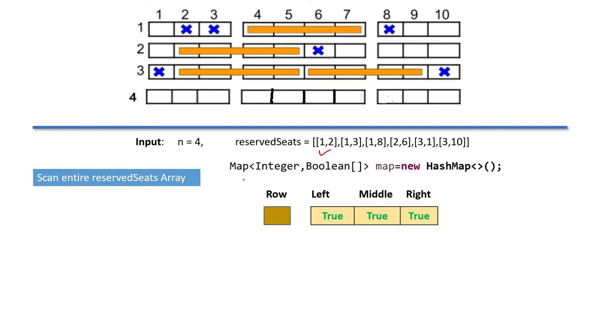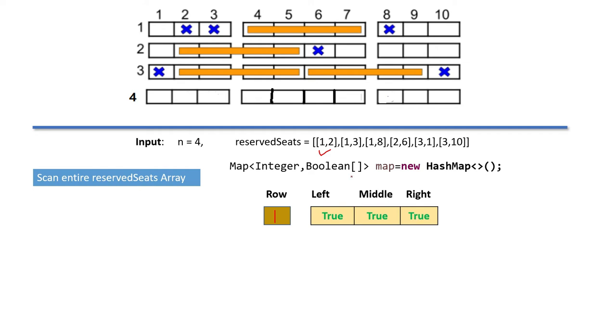So the map will be of integer to boolean array type. Now what did we get? We got the first value as 1. If 1 is not already present in the map, then just put 1 here, and by default left, middle and right will be true.